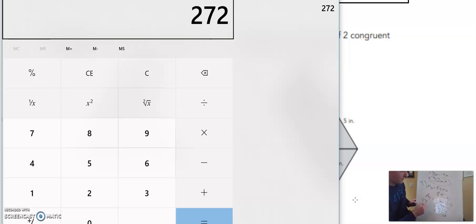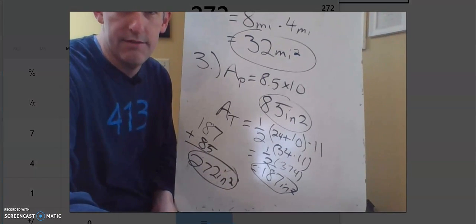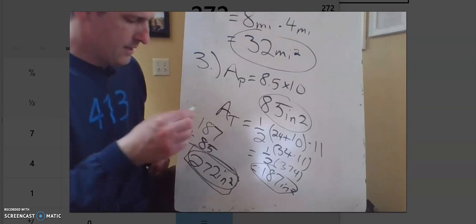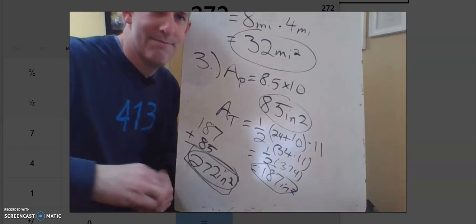I mean, 272. I was thinking about writing this next number. Sure you were, Mr. Sturts. So 272 inches squared is my final answer on that one. I'm locking it in. Hopefully that's right. I'm pretty sure. So that's how you do composite shapes.